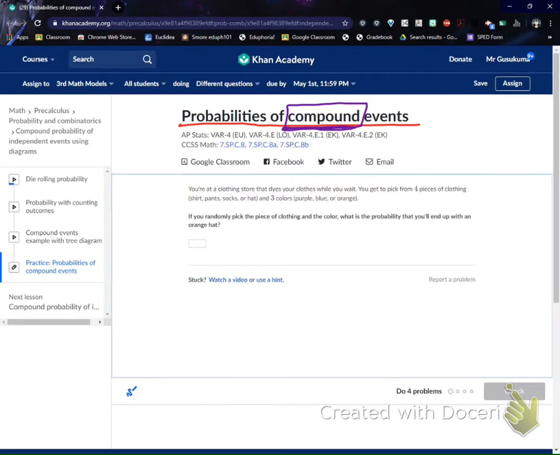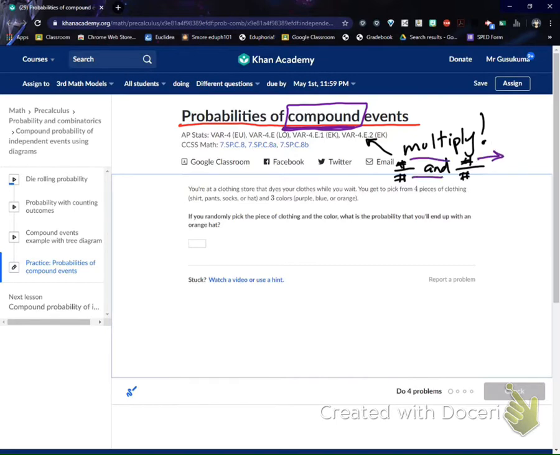So, simply put, for our compound probability, this means that we need to multiply the probabilities. So when I'm trying to do some probability and another probability, that means we're going to be multiplying these numbers.